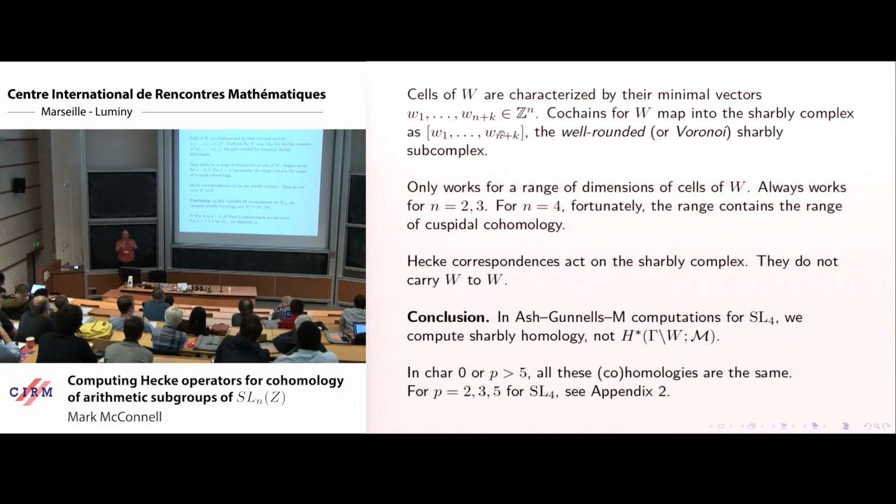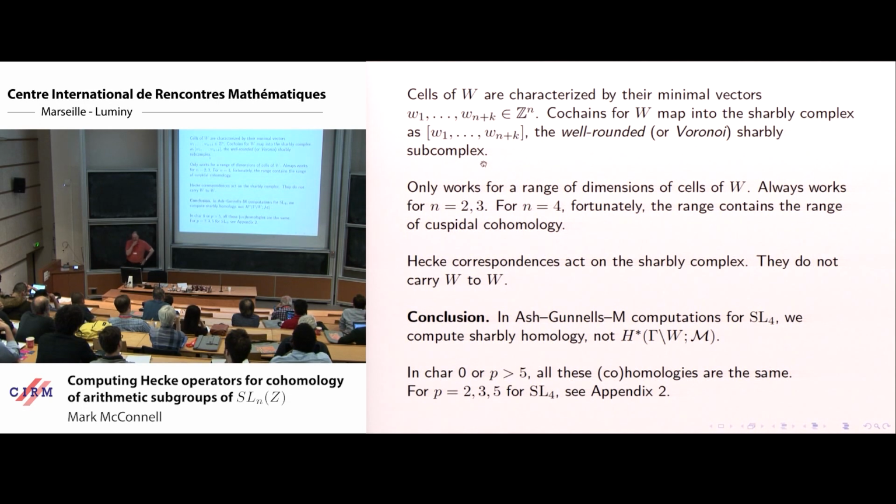Well, the well-rounded retract, I said the cells were characterized by their minimal vectors. So it's natural to take the minimal vectors of a cell and stack them up into a rectangular matrix. That's natural to try anyway. So cochains for W in this way map into the Steinberg complex. And so we could speak of the well-rounded Steinberg subcomplex.